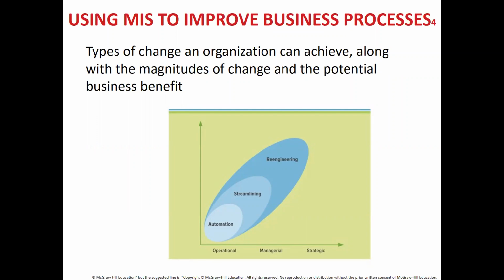For example, you have products, and these products are sold to the wholesalers or distributors, and then the distributors sell it to the consumers. Now, instead of giving the product to the wholesaler and distributor, you can directly sell it to the customers.